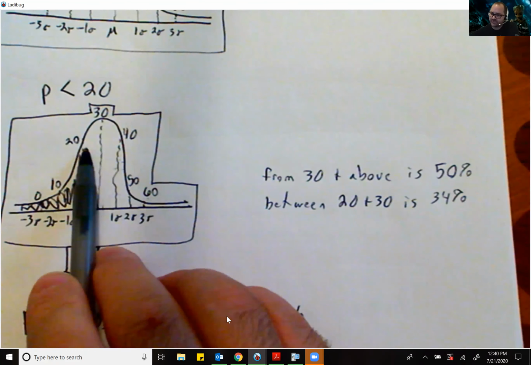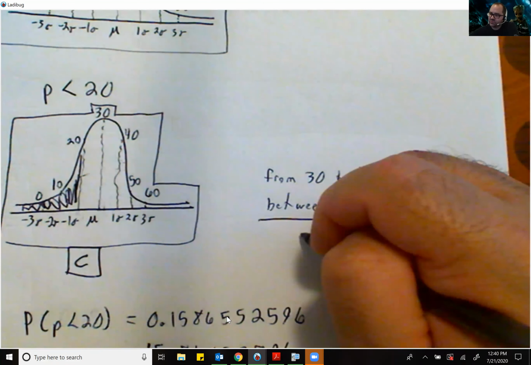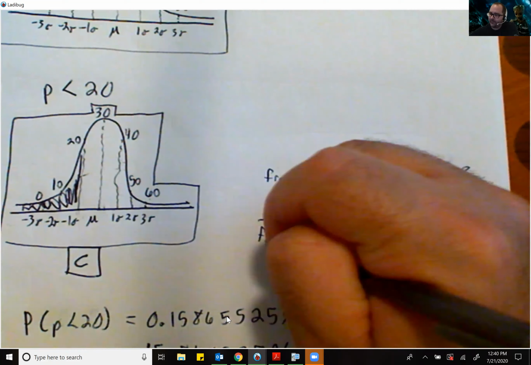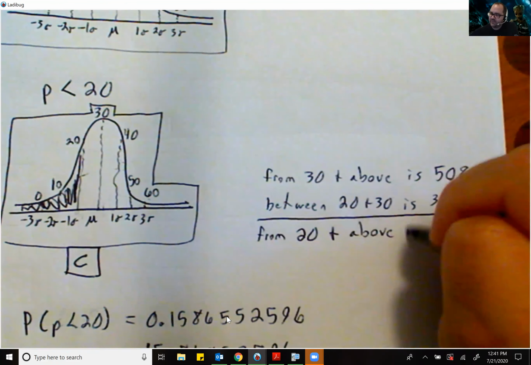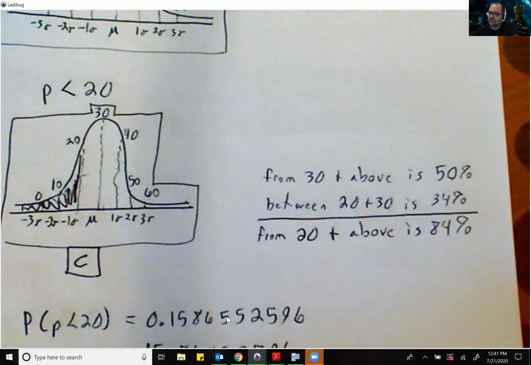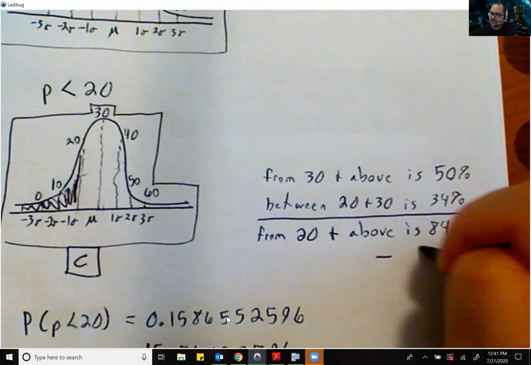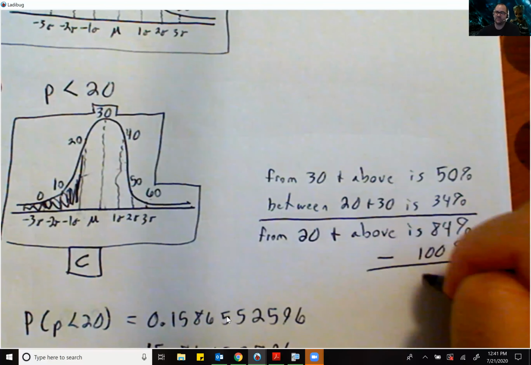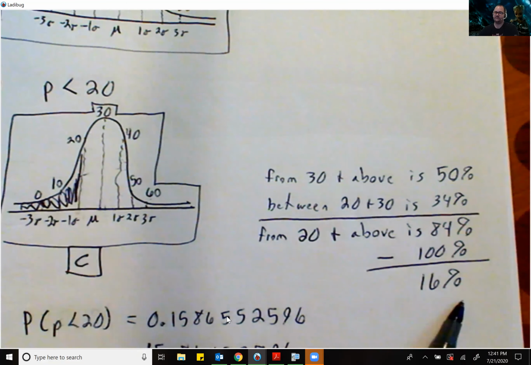So if I add those up, from 20 and above is 84%. All we have to do is subtract from 100% and ignore the sign. It's not really negative. And that gives us 16%, because under this curve should be 100%. So that's where all that information came from.